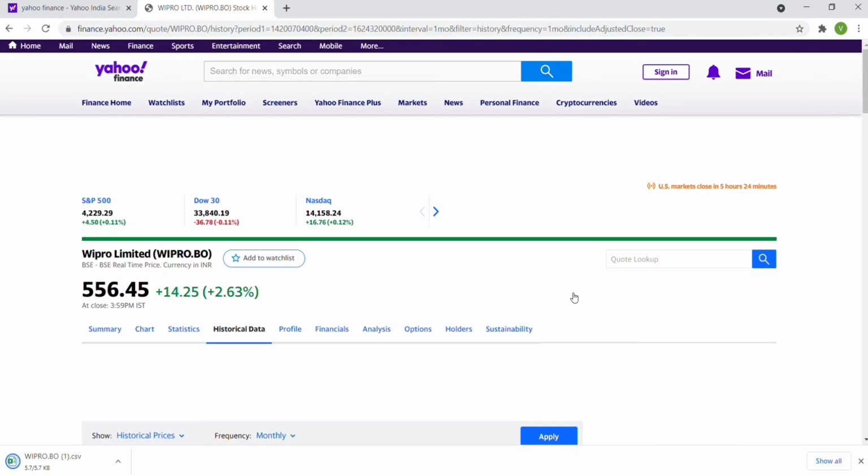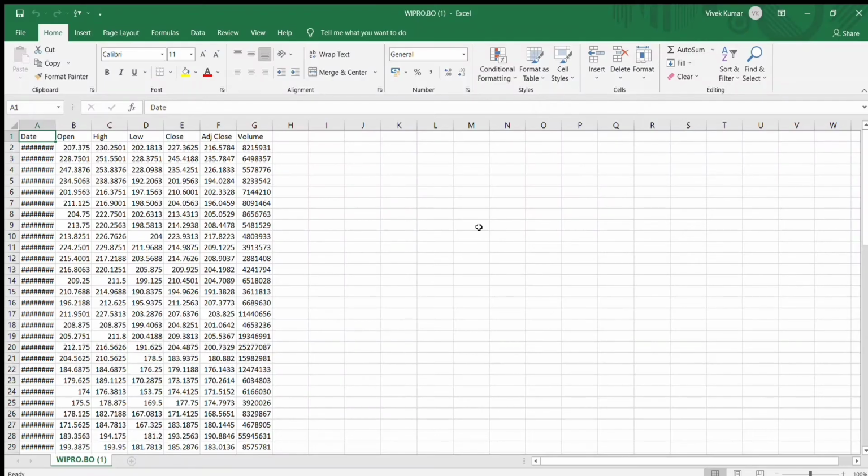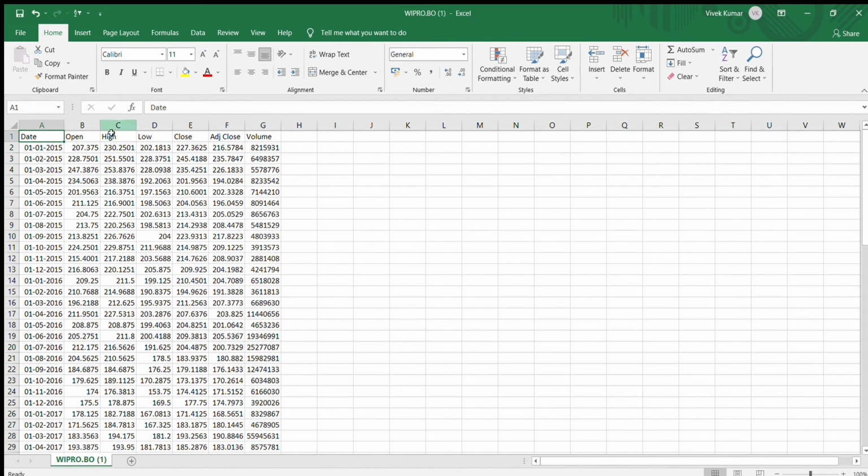So we will get our data, and now you can see that we have this data of Wipro. We have the opening, high, low, closing, adjusted closing, and volume. All we need is the adjusted closing price, so we need to delete all the others, including volume.